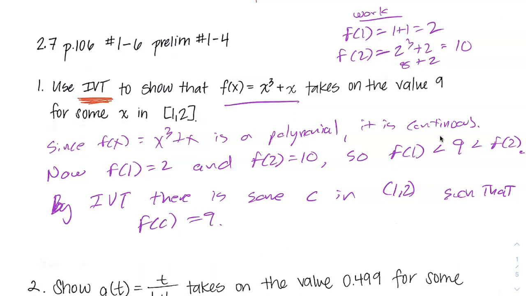So that's all it is. I know it looks like a big old paragraph, but that's all it is. First, always show that it's continuous. There are different reasons why it might be continuous on the domain. So it's continuous on this domain because it's a polynomial. Then show that the endpoints do in fact go around the value they give you. It's going to work because that's why we're showing it. And then third, say by IVT this holds, so it's true.